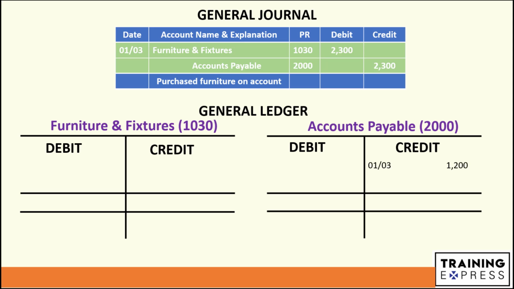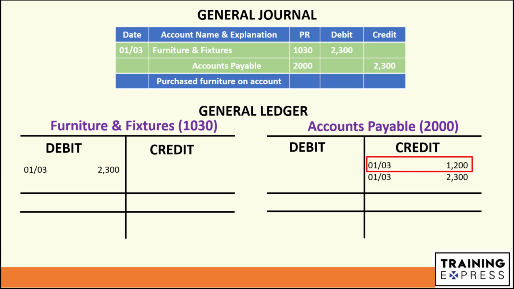Now let's try to link journal and ledger together. Furniture and fixtures debit by $2,300, so we will write $2,300 on the debit side of furniture and fixtures. Similarly, accounts payable is $2,300 credit and we will write $2,300 on the credit side of the accounts payable.